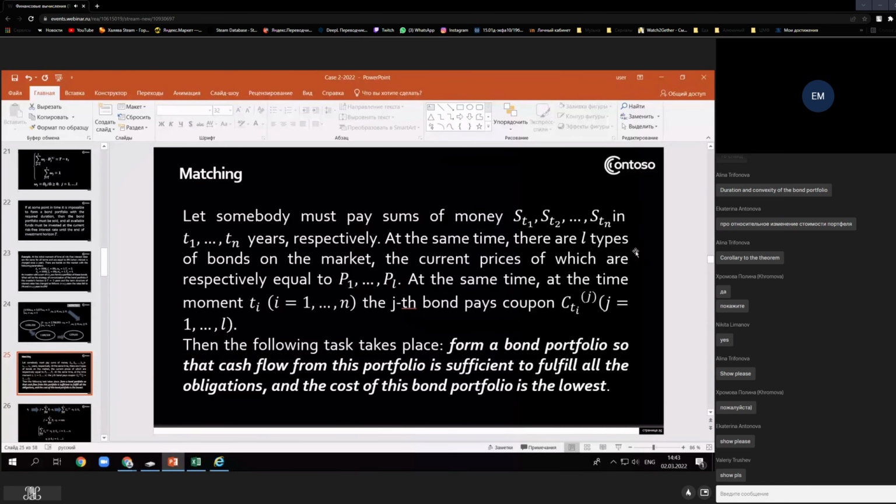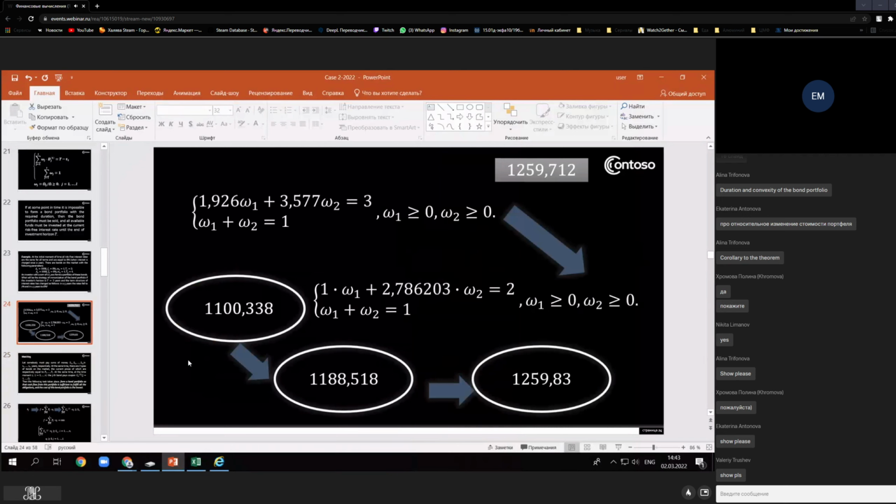So, if you implement the immunization strategy in real life and you really need additional funding, you will form an additional portfolio from the rest of the bonds, which you did not include in the immunization strategy, from the rest of your 7 bonds, so that the cash flow of this second bond portfolio will allow you to perform the matching strategy.